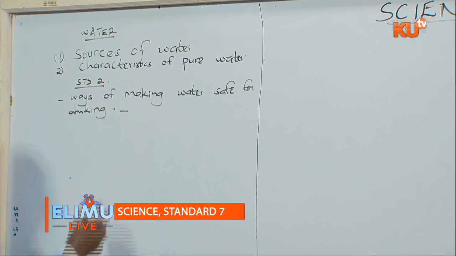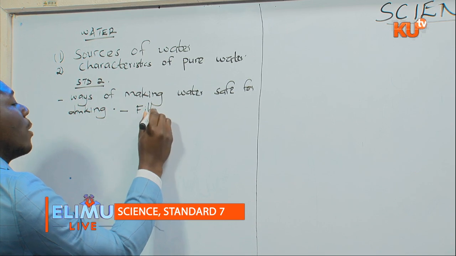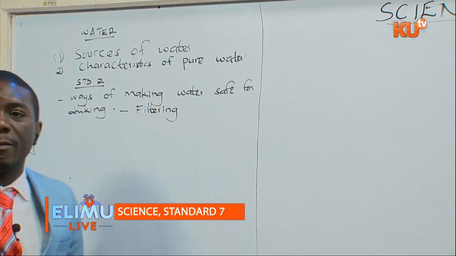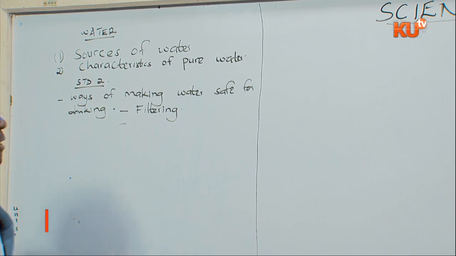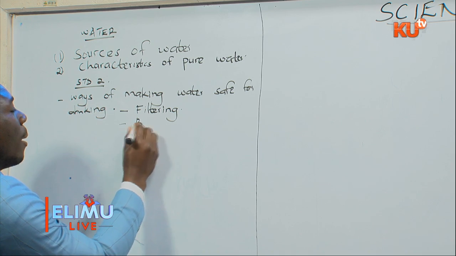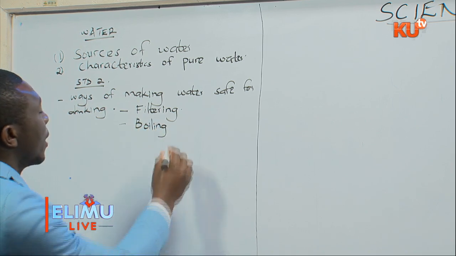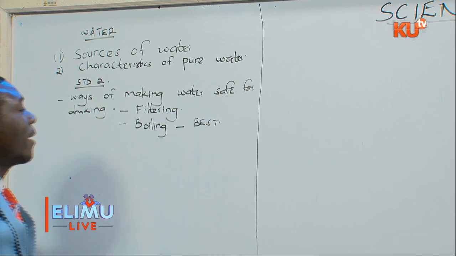The first one is by filtering. Filtering water helps just to remove dirt. Filtered water is not good for drinking. The other way of making water safe for drinking is by boiling. Boiling simply helps us to do what? To kill germs, and it is the best method of making water safe for drinking.